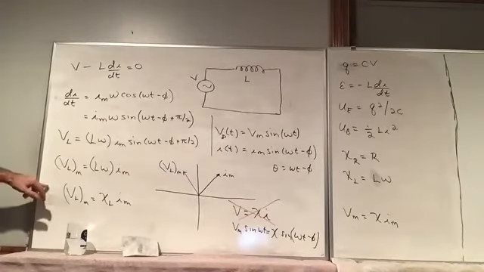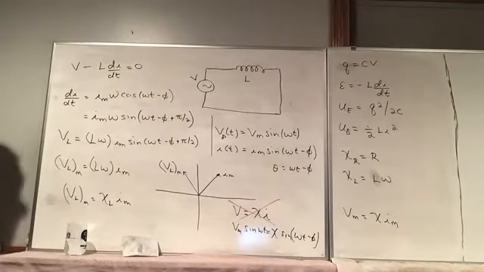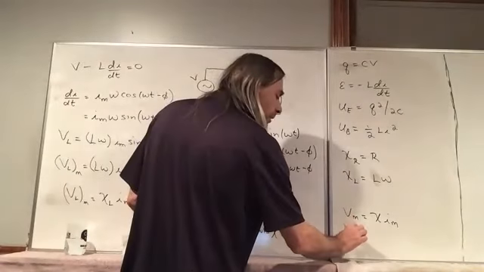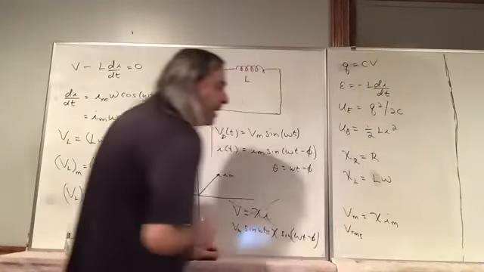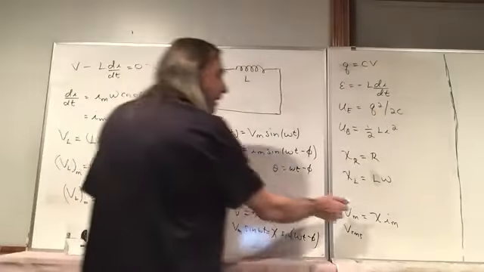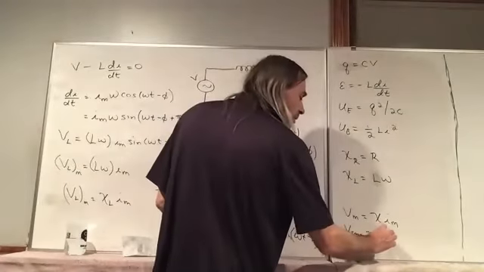However, if you just look at the peak values, it does. And it would also apply to the RMS values as well, because to get from the peak value to the RMS value, you divide by the square root of 2, and you would do that for both of these.